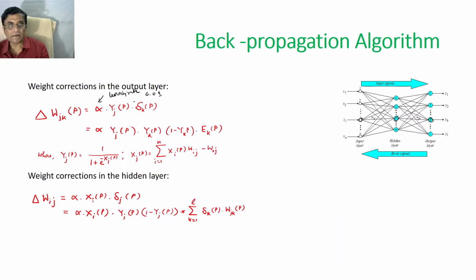Now Yj is the output of this neuron, and the input to this neuron.